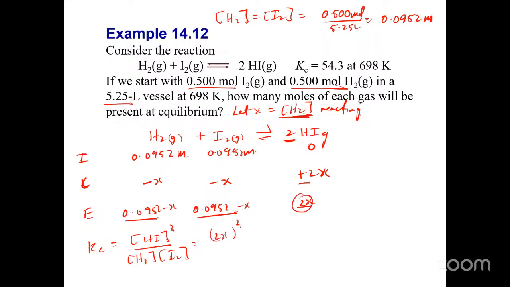We square that, divided by the concentration of H2 times the concentration of I2. These two are the same, so basically you can simplify this to 0.0952 minus X squared, and we set that equal to 54.3. So basically from here, it's all algebra in terms of determining the final answer.